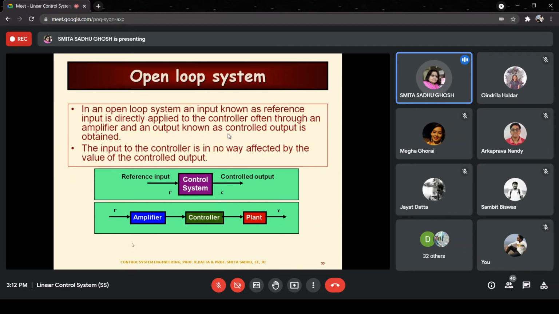The input to the controller is in no way affected by what I have at the controlled output. Okay, so if it is large, if it is small, the controller has no means of knowing and taking any action on the basis of the controlled output, right? That is as far as an open loop system is concerned.